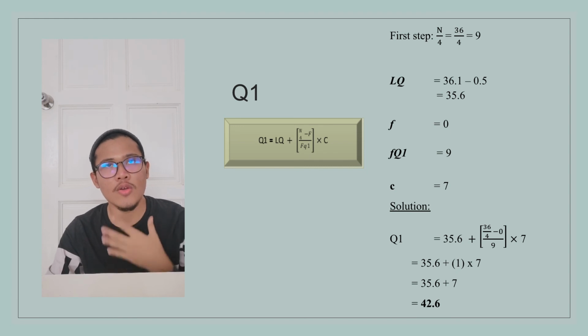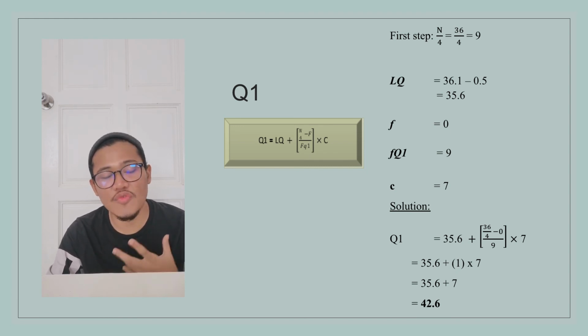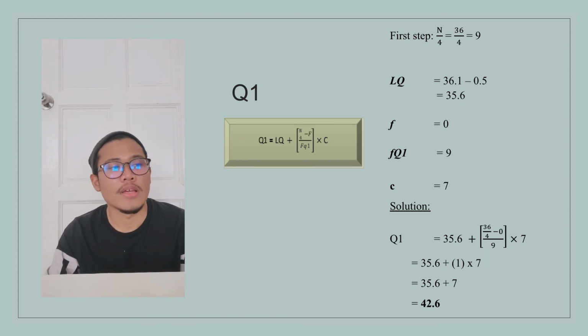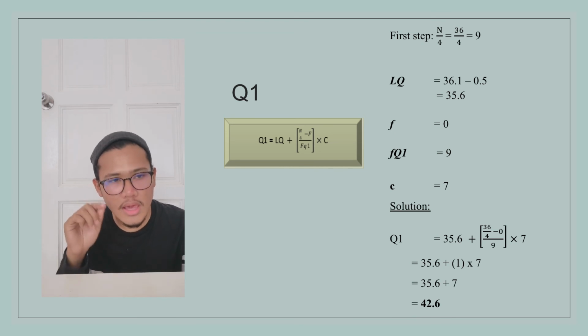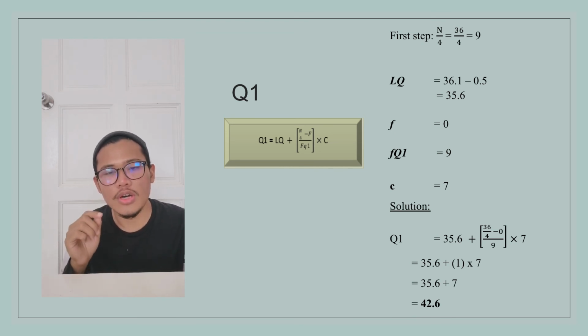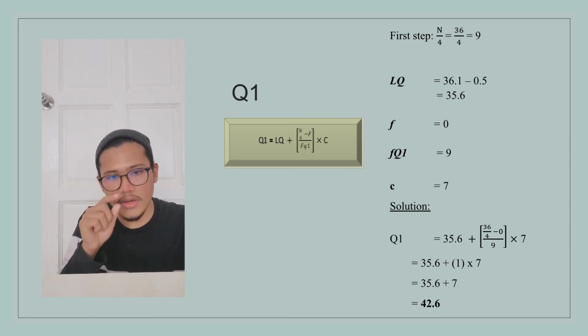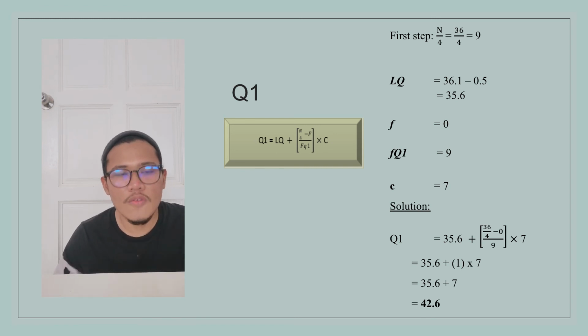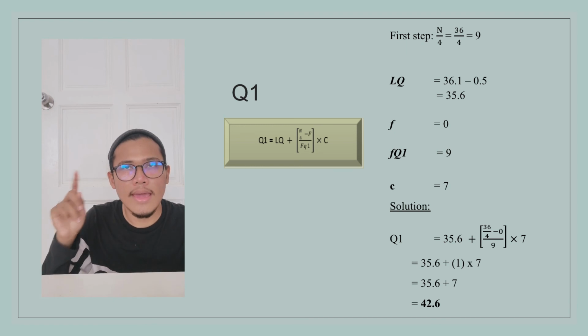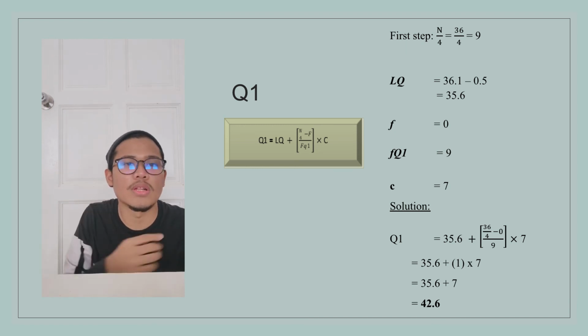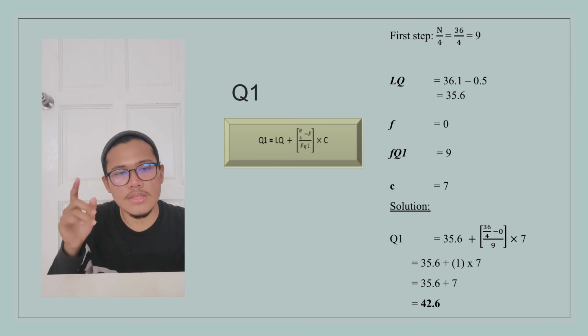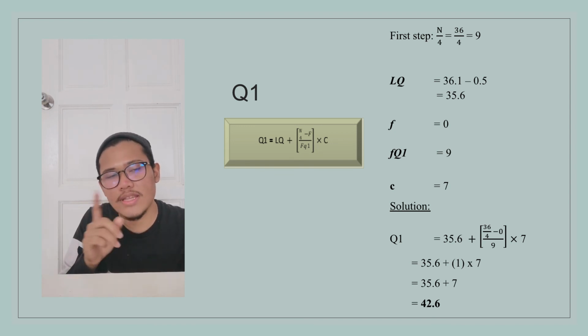So, I will present about measure of position, quartile. For Q1, the formula is Q1 equals LQ plus N over 4 minus F over FQ1, multiplied by C. Our first step is N over 4, which is 36 over 4, so that is 9.